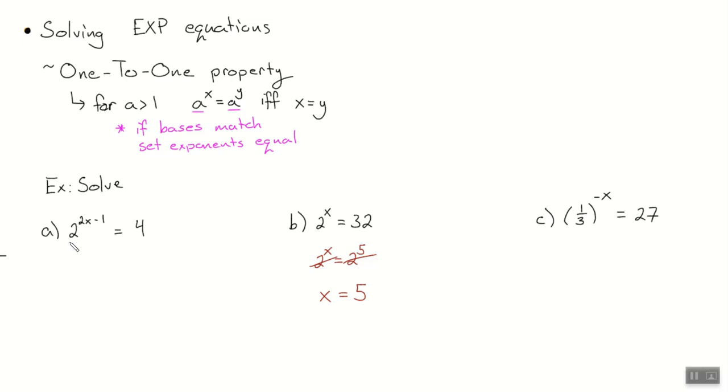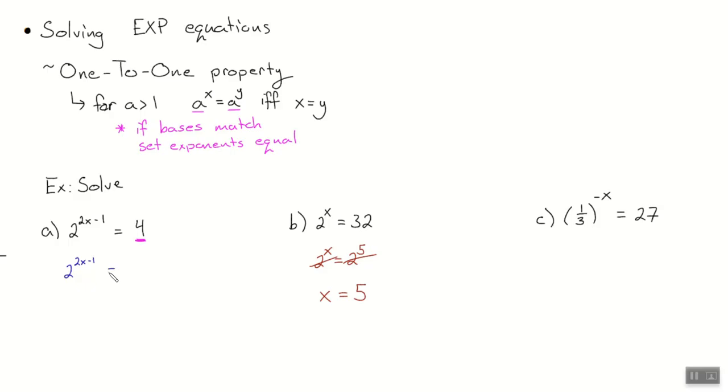Not yet. Now there's 2 ways that we can do it. I can either try to write this number 2 with a base of 4. That's an option. Or I could try to write the number 4 with a base of 2, as long as they match. I think that's the easier way. So let's not touch this side since it's already a base of 2. And I think it's still just 2 to the power of 2x minus 1.